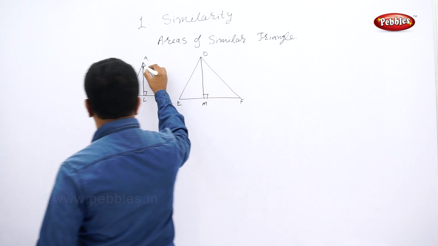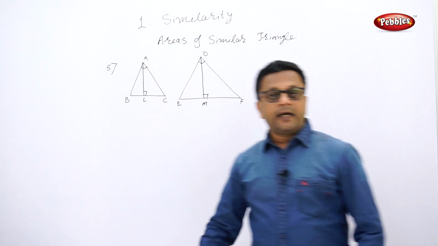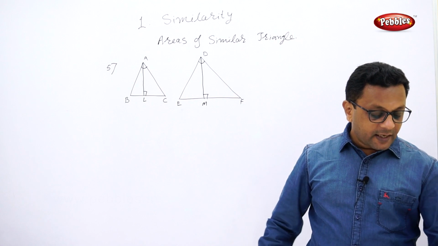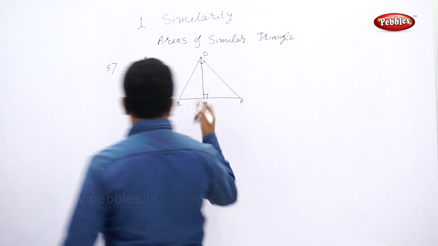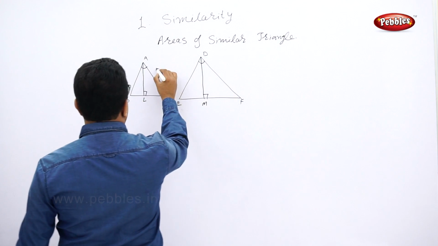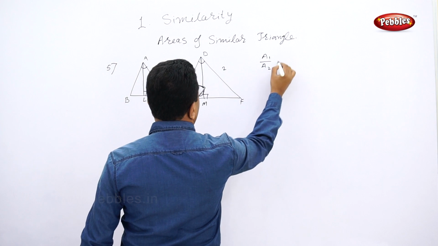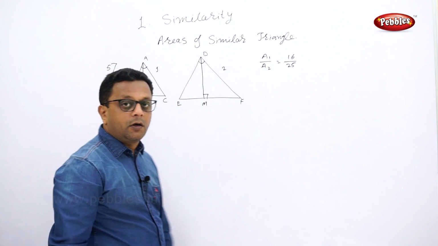These vertical angles are equal, angle A and angle D are equal. And their areas are in ratio 16 into 25. Now, if I call this 1 and 2, then area of 1 upon area of 2 is 16 upon 25. This is what is given.